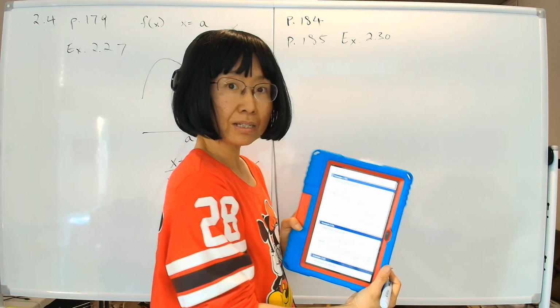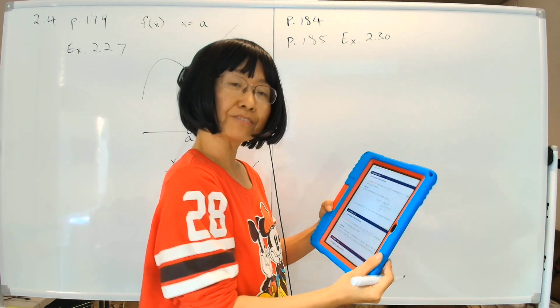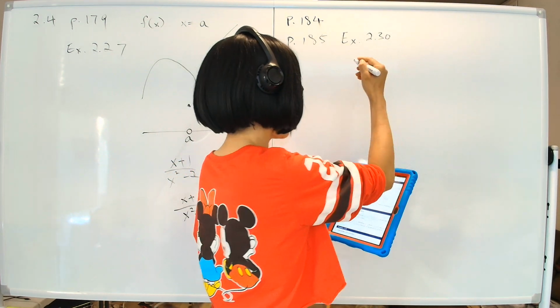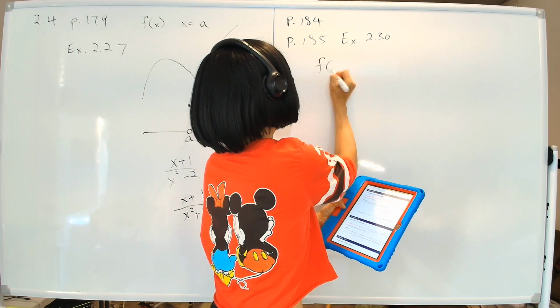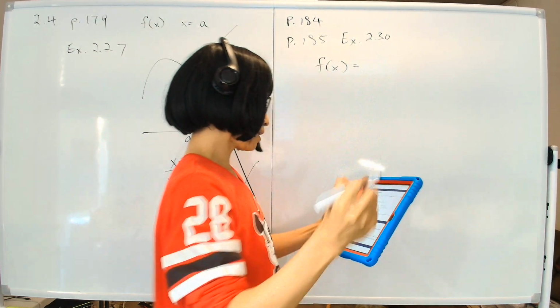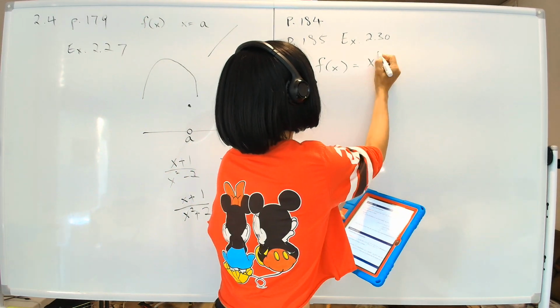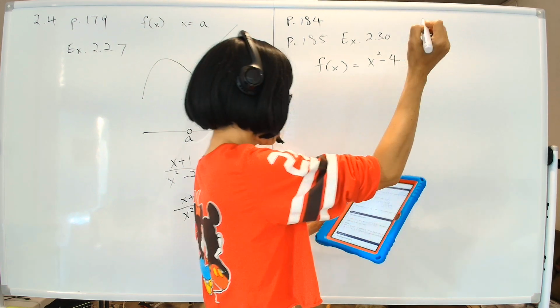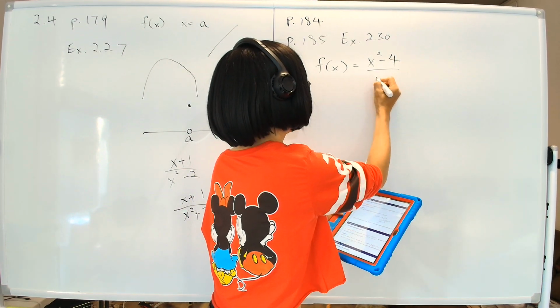It wants you to look at the discontinuity of a rational function: f of x equals x squared minus 4 divided by x minus 2.